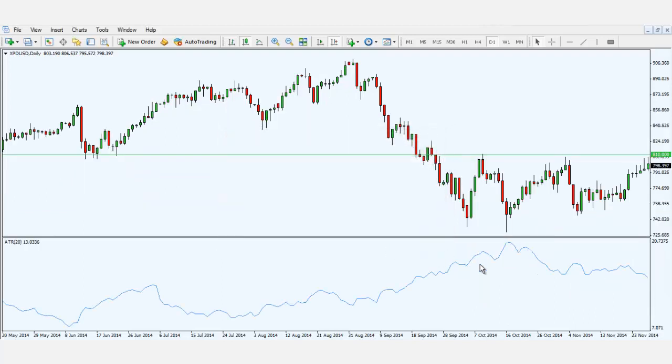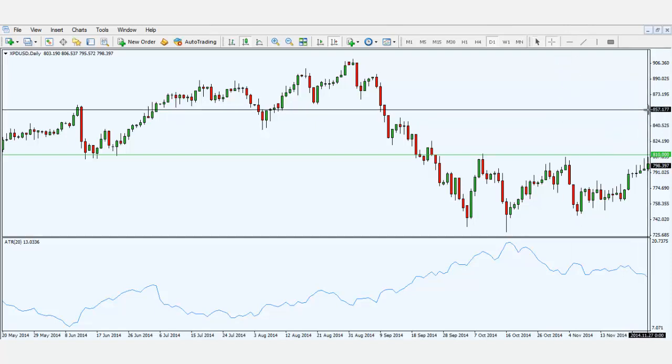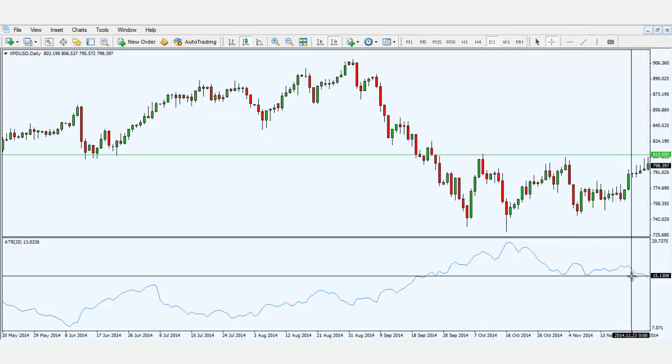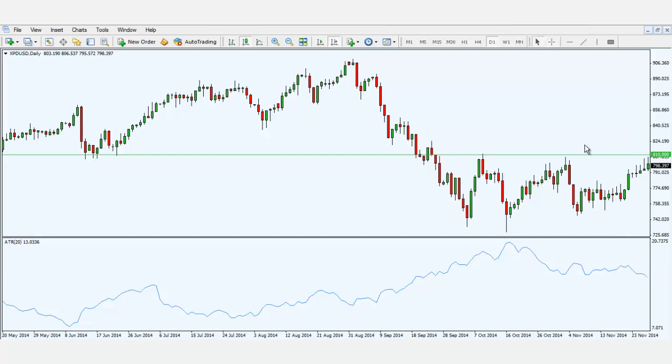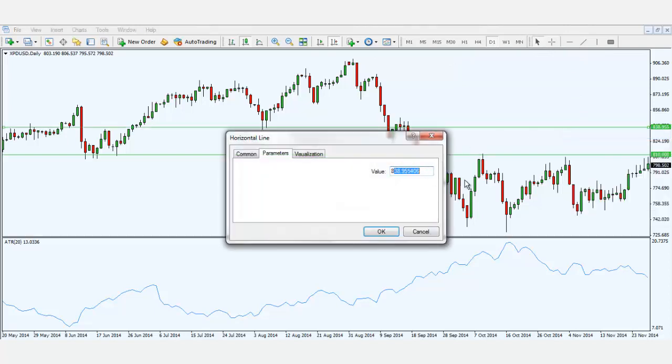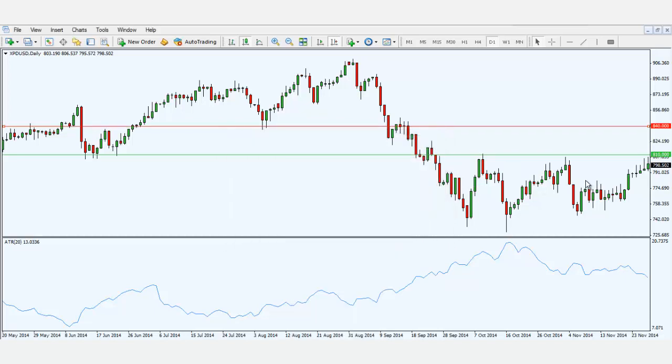I'll choose 20 period, and a series of lines will come up which fluctuate according to the ATR over different periods. Looking at it, you can see that at this particular point in time, the ATR is about 15. So 2 ATR, 15 multiplied by 2, gives us 30. My stop loss will be 810 plus 30, which gives me 840. And again, I'll highlight it in red. Green is where I enter and red would be my stop loss set according to the ATR.